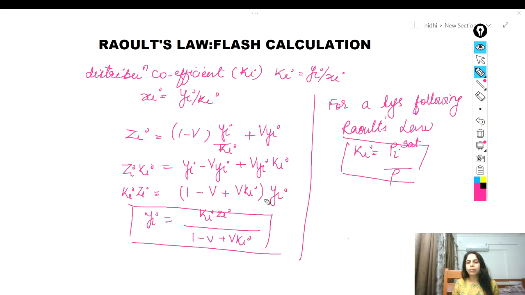With the help of these, you can find out the composition in vapor and liquid equilibrium. This equation is for non-ideal solutions, those that show deviation from Raoult's law, and this is for the ideal solution. I hope you will be able to understand these relations.